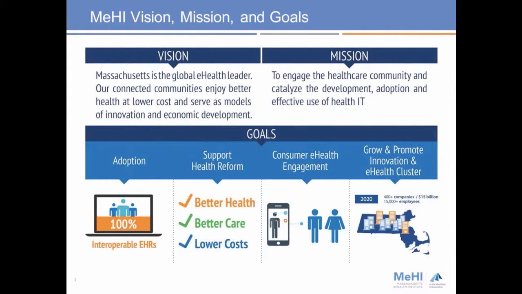This slide shows the high-level vision, mission, and goals of MeHI, including supporting the triple aim of health reform: better population health, improved patient care, and lower costs of health care.